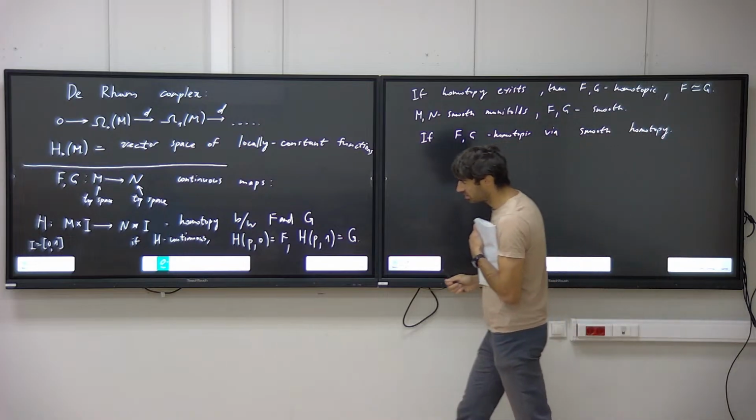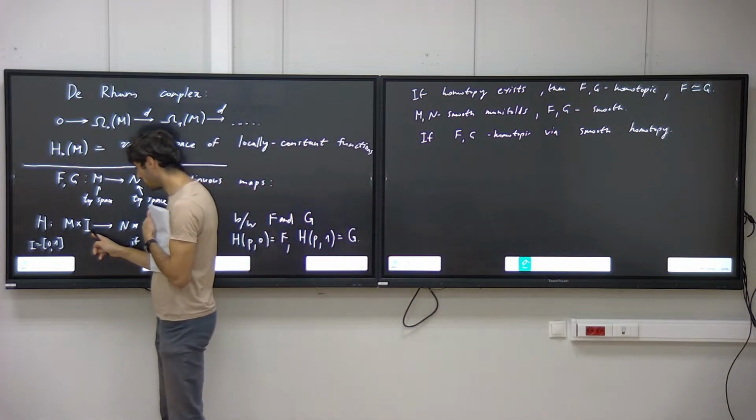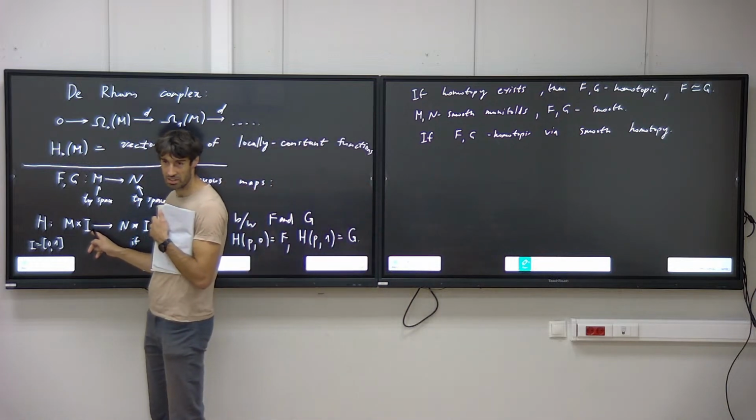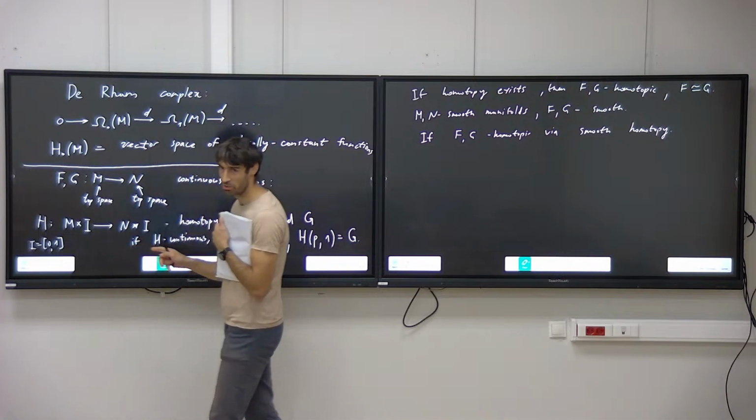Here I set the interval; this is not really a manifold. It's a manifold with boundary, which is a little bit different thing, not too much different.